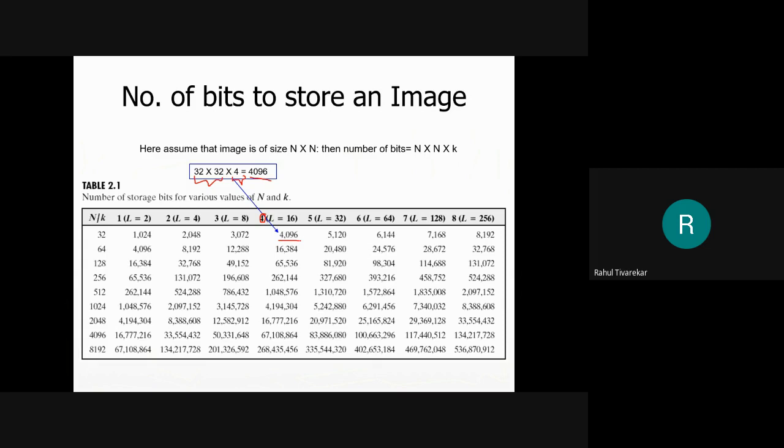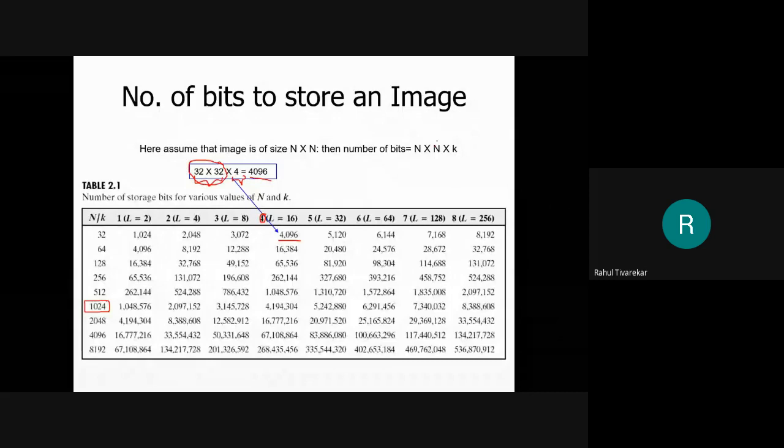So this way you can read the table and you can get an idea what will happen if we increase the number of bits. For example, suppose an image has 1024 pixels in one row. Listen very carefully. Then in the total image we have 1024 multiplied by 1024, that is n multiplied by n, as you can see here.